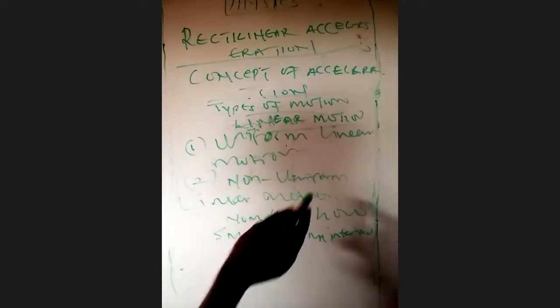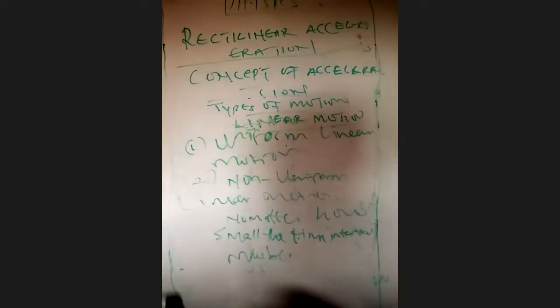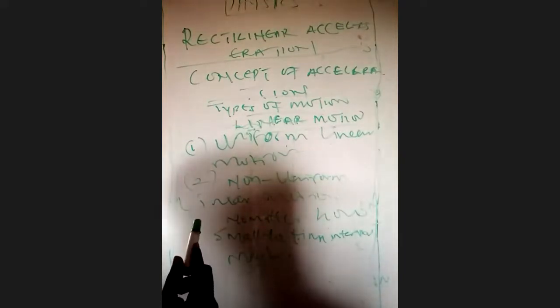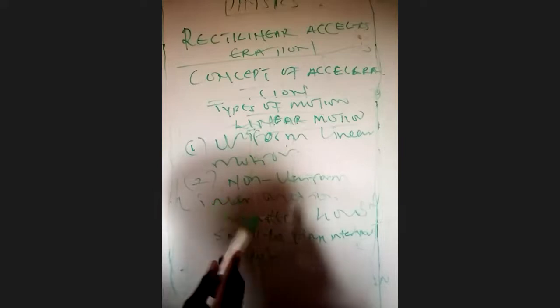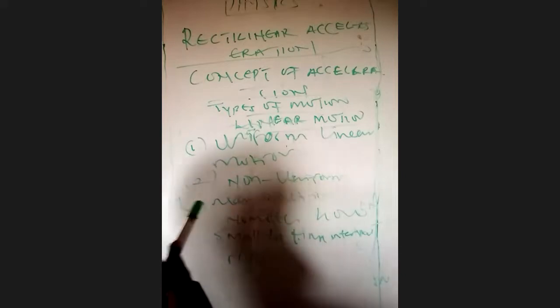So when the rate of change of velocity varies, we refer to it as non-uniform linear motion. But if the rate of change of velocity is constant, it is uniform linear motion.